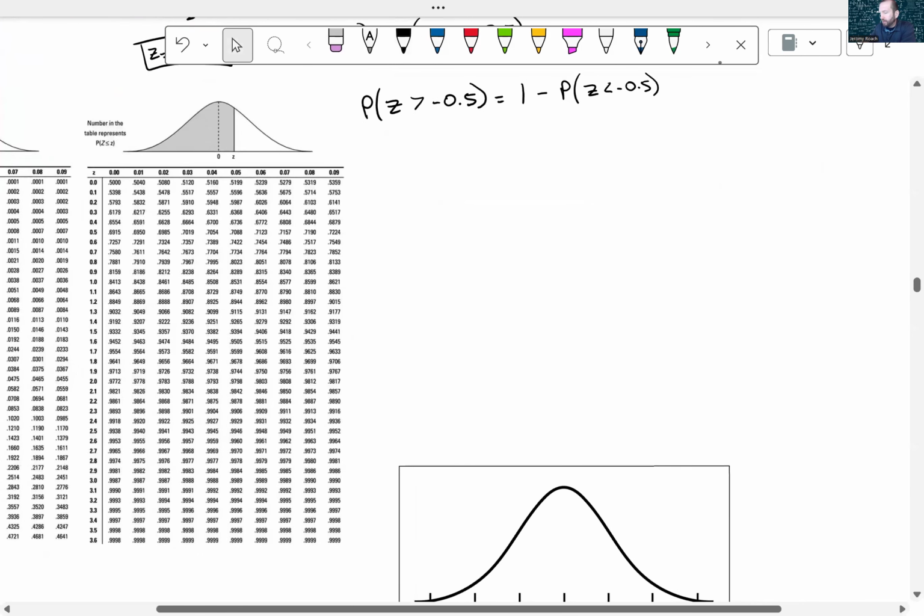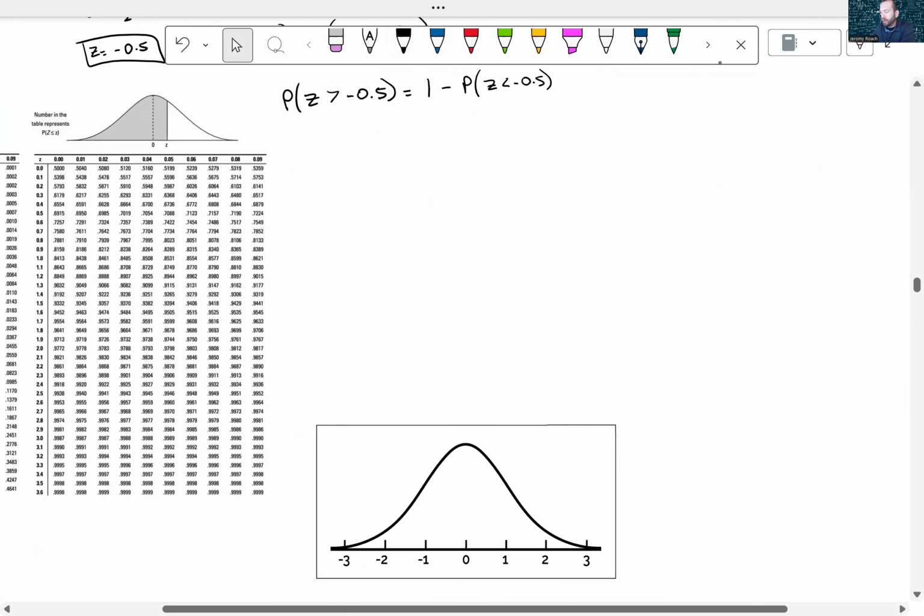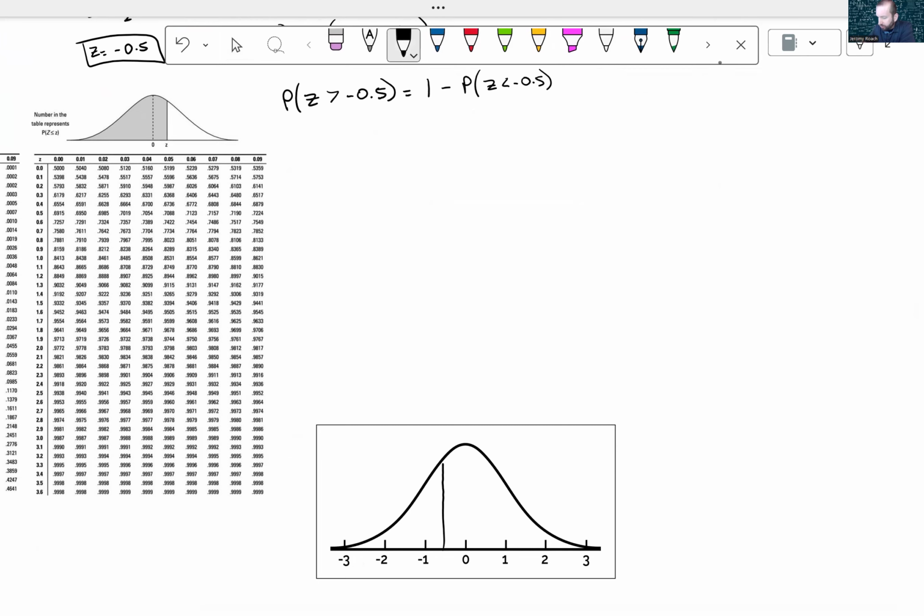Now let's take a look at how we can visualize this on the normal distribution. We'll start by plotting negative 0.5. It's probably about there. And we are looking for where z is greater than, so we want to find the area here.